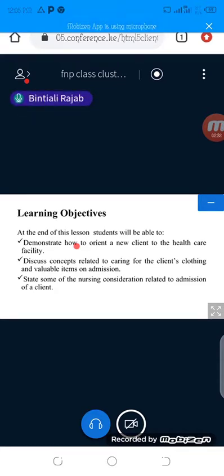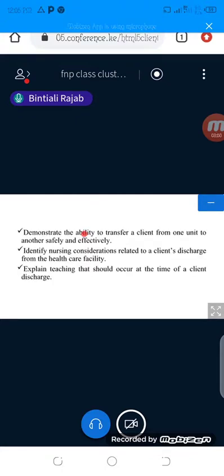Discuss concepts related to caring for the client's clothing and valuable items on admission. How do you go about caring for the valuables of the patients on admission? State some of the nursing considerations related to admission of a client. What are some of the things that you should have in mind whenever you are admitting a patient? So these are just some of the learning objectives.